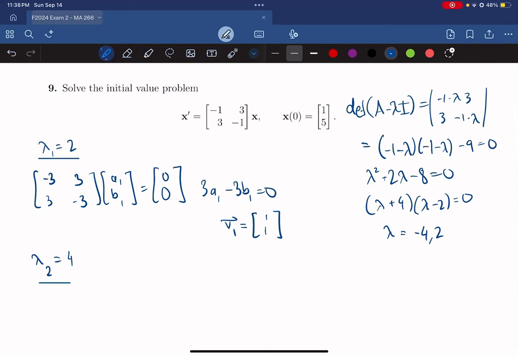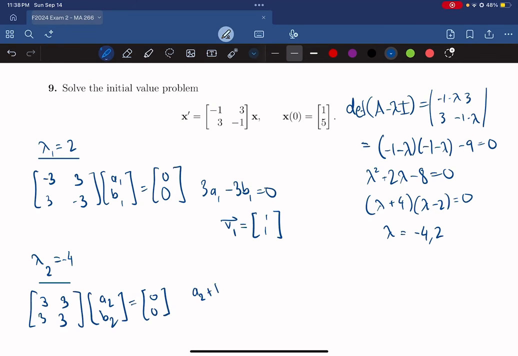So our lambda 2 is negative 4. Negative 4 minus negative 1 is negative 3, or excuse me, 3. Wait, negative 1 minus negative 4, sorry, it's 3. A2, B2, so that equal to 0 again.